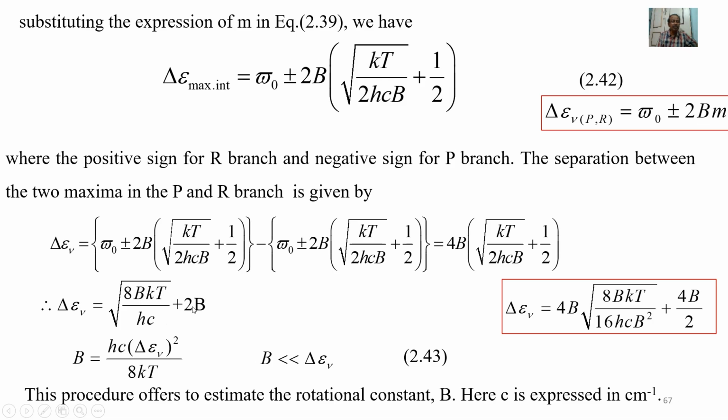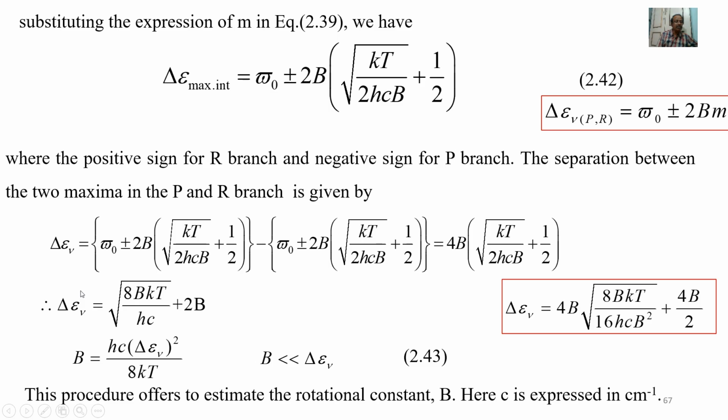Now, if you consider B to be very much less than del E nu, then we can neglect this B. So now squaring this term, that will give us 8B KT divided by HC, which is equal to del E nu squared.